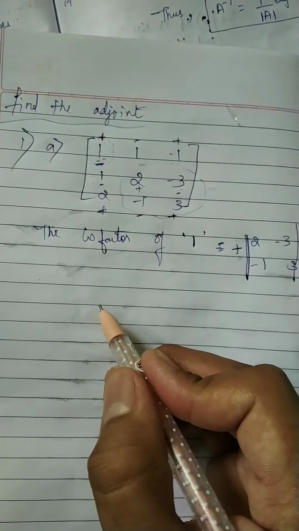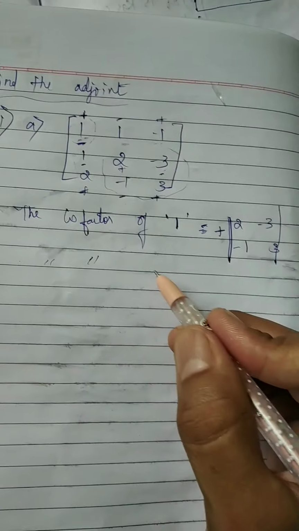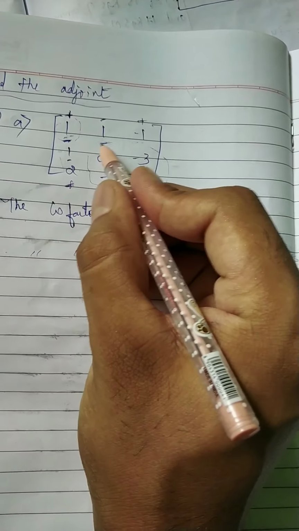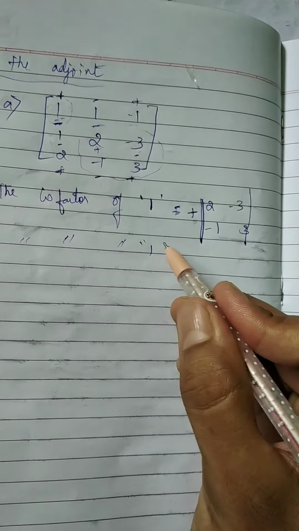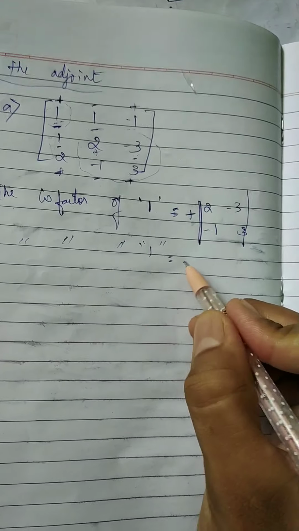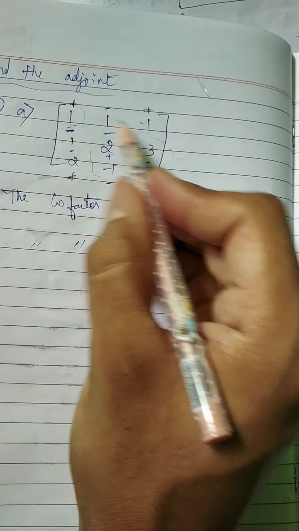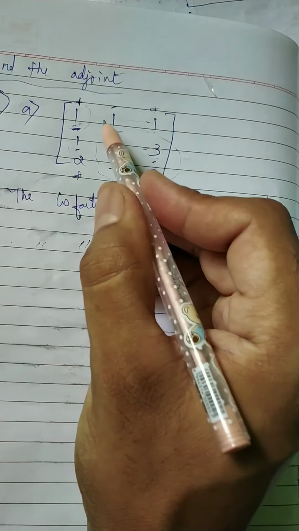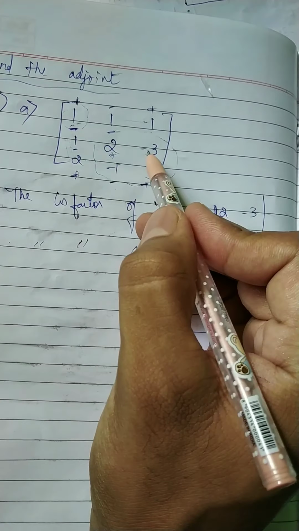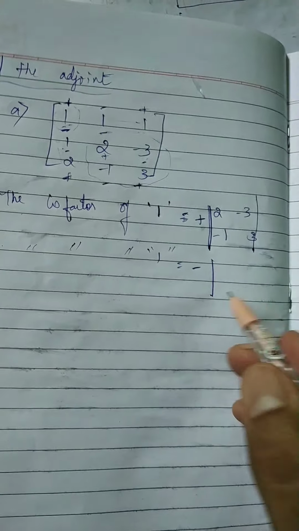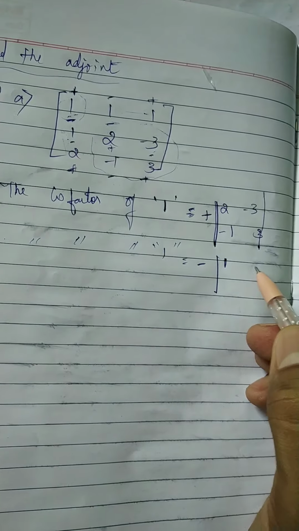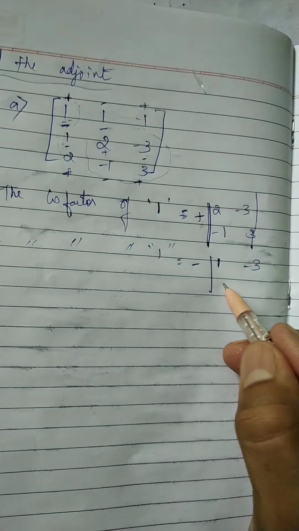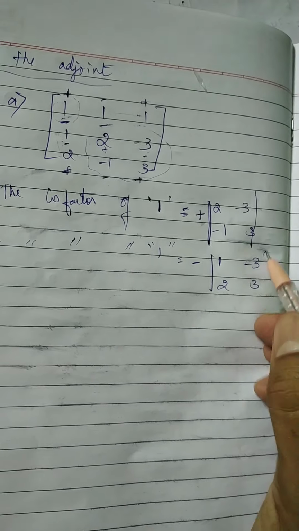Similarly, the cofactor of this one will be minus of, if you delete this row and column, you will be left with 1, minus 3, 2 and 3.